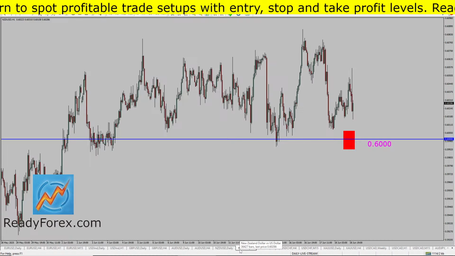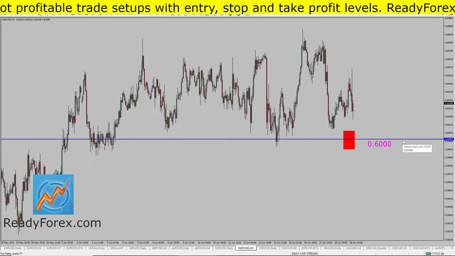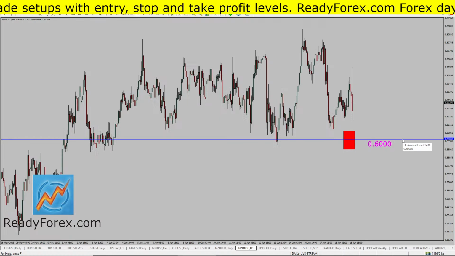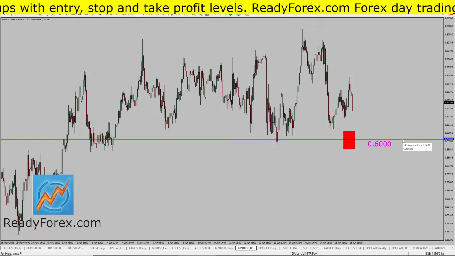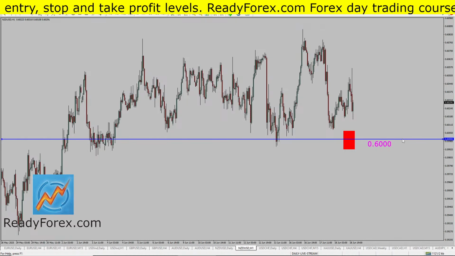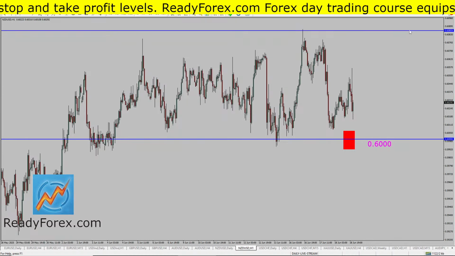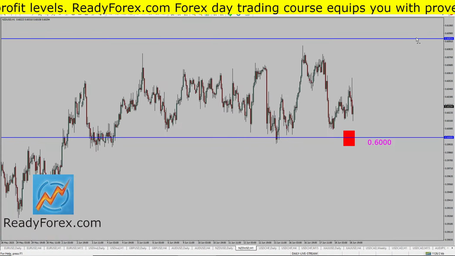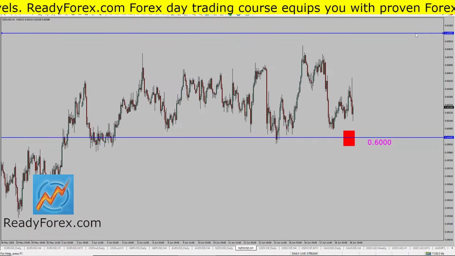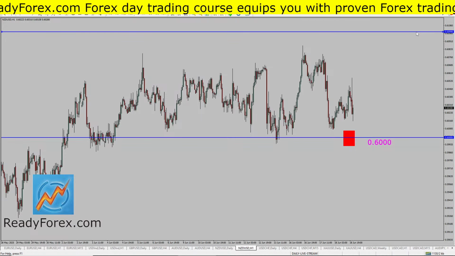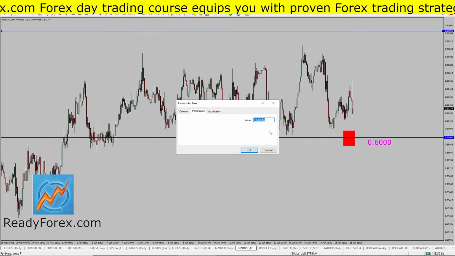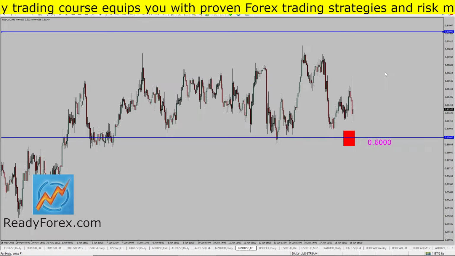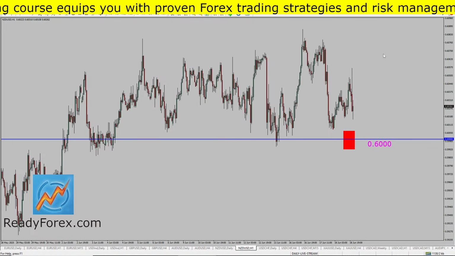Now inside the NZDUSD currency pair, the round number that we have is right over here at the 0.6000 level. And if I go up a little bit, we have one round number right up there, 0.6100.